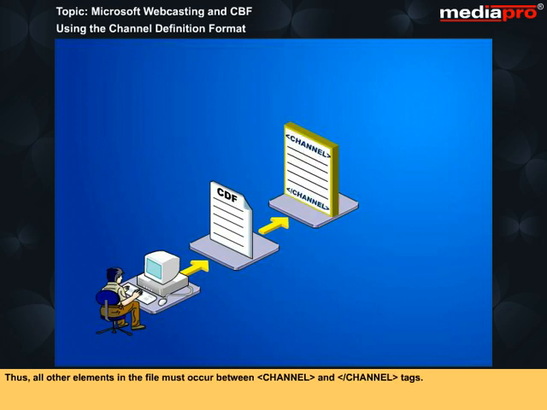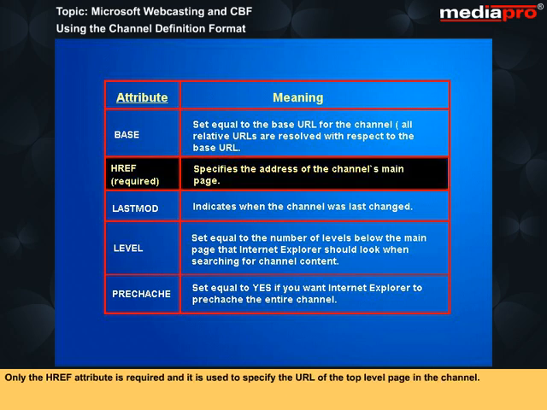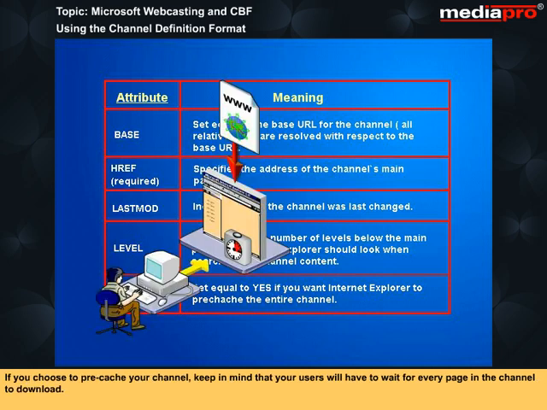Thus, all other elements in the file must occur between channel and /channel tags. The channel element takes the attributes shown here. Only the href attribute is required, and it is used to specify the URL of the top level page in the channel. If you choose to pre-cache your channel, keep in mind that your users will have to wait for every page in the channel to download.